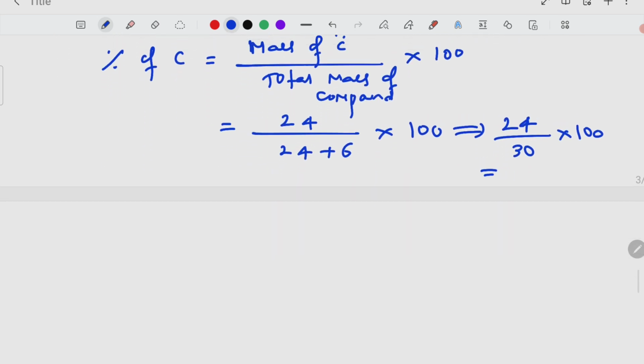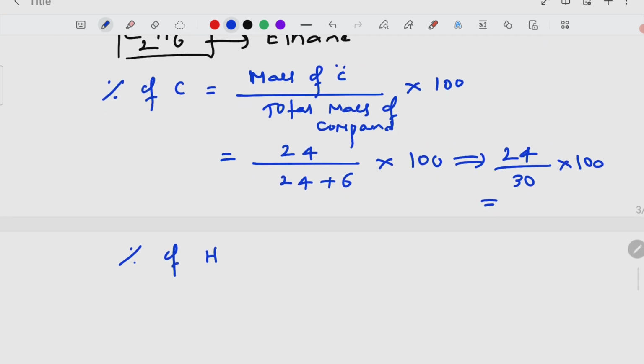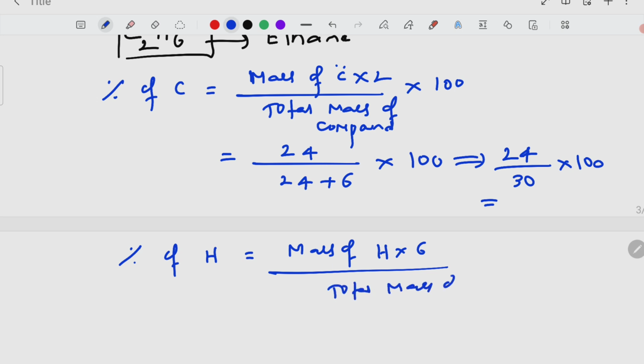Next, similarly, once we know the percentage of carbon, how can we get hydrogen? 100 minus the percentage of carbon. But I am showing the method of how to calculate here. Mass of hydrogen into 6 by the total mass of the compound, the entire compound given here, into 100.